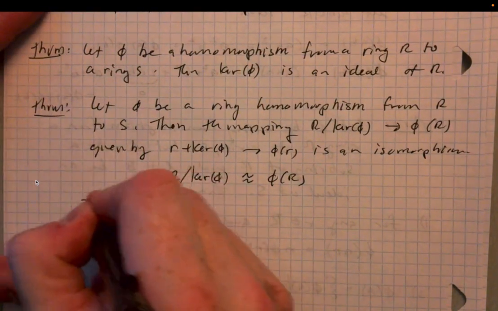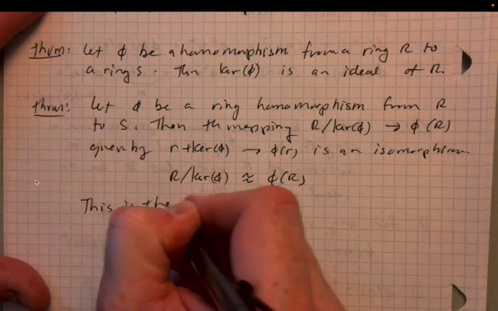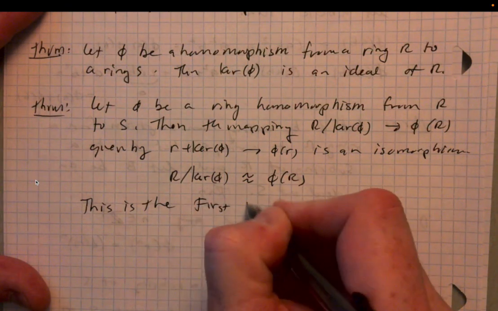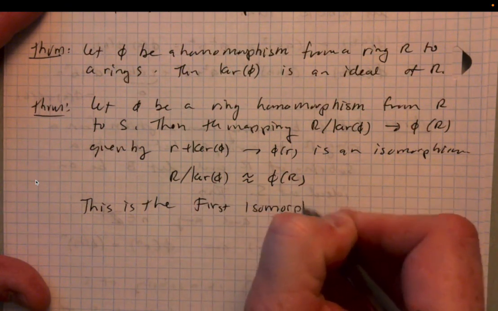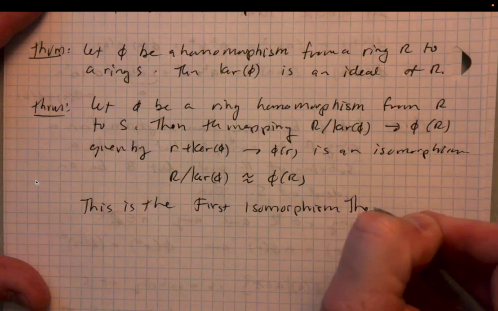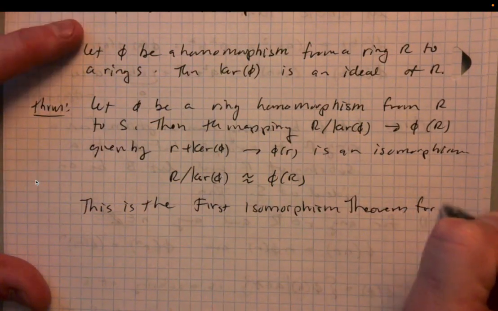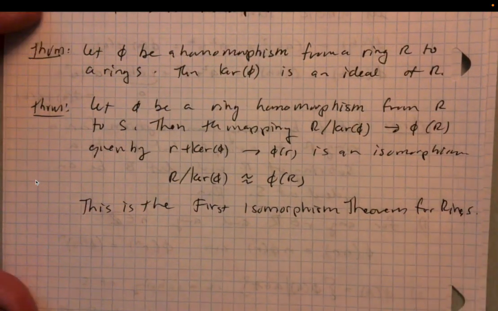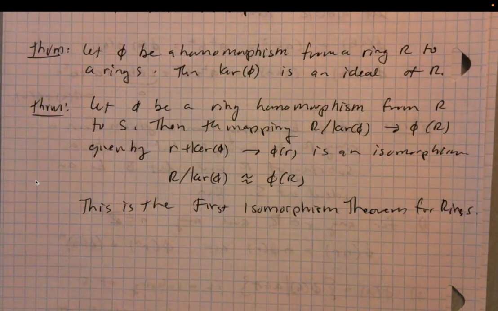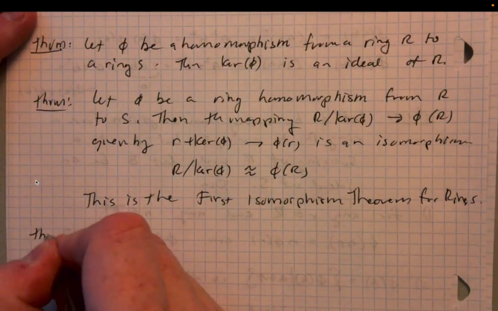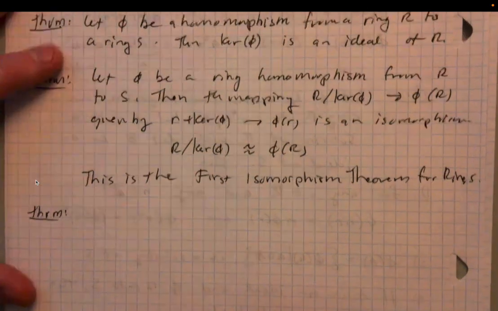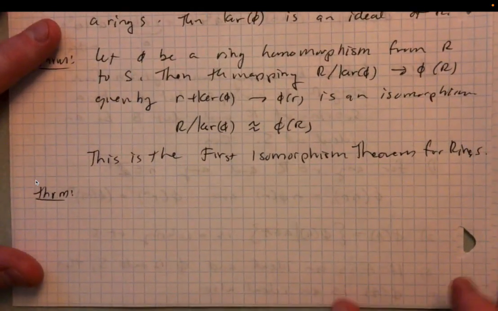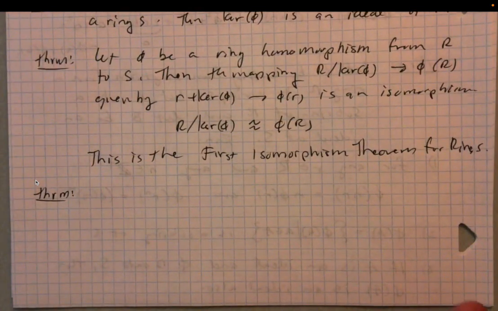Right? So this is the first isomorphism theorem for rings. It's sometimes called the fundamental theorem of rings. Okay. All right, and then one more, again, that aligns well with the group homomorphism theorem that we saw.